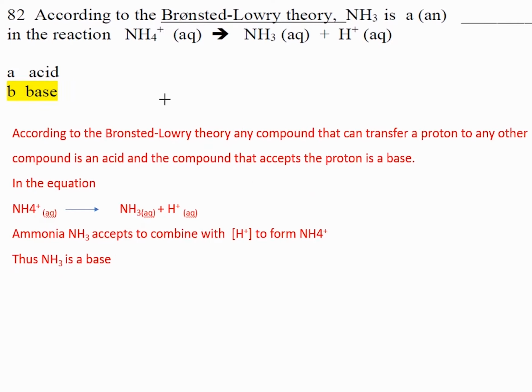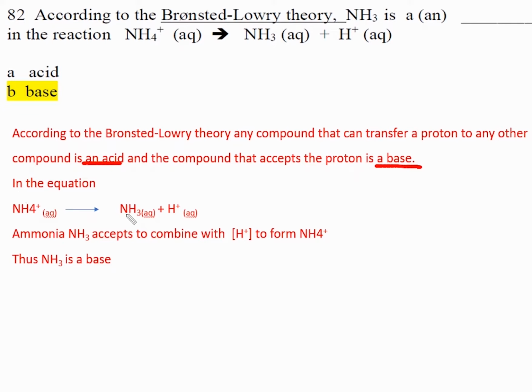Question 82. According to the Bronsted-Lowry theory, we need to identify if ammonia is an acid or a base. So according to the Bronsted-Lowry theory, any compound that can transfer a proton to any other compound is an acid. And the compound that accepts the proton is a base.